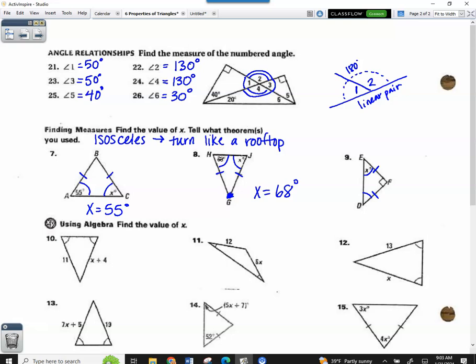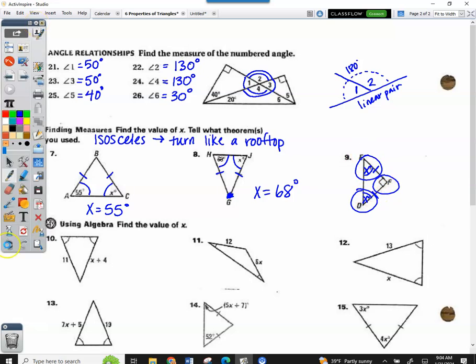So if this is x here, this is x, then what's this? X, right? So you can set up your equation 2 different ways. The long way is angle plus angle plus angle equals what? 180. That definitely works.